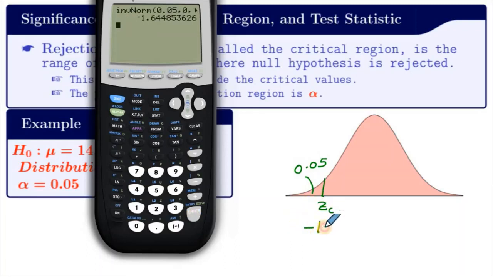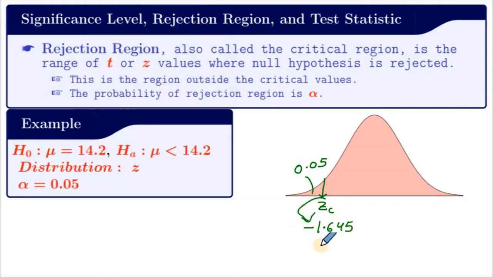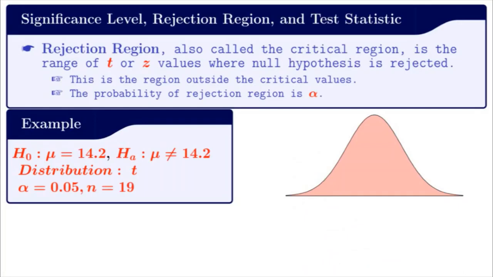So let me write that down, negative 1.645. So this is this point here. Therefore, the rejection region is this, which we can write as Z less than negative 1.645.